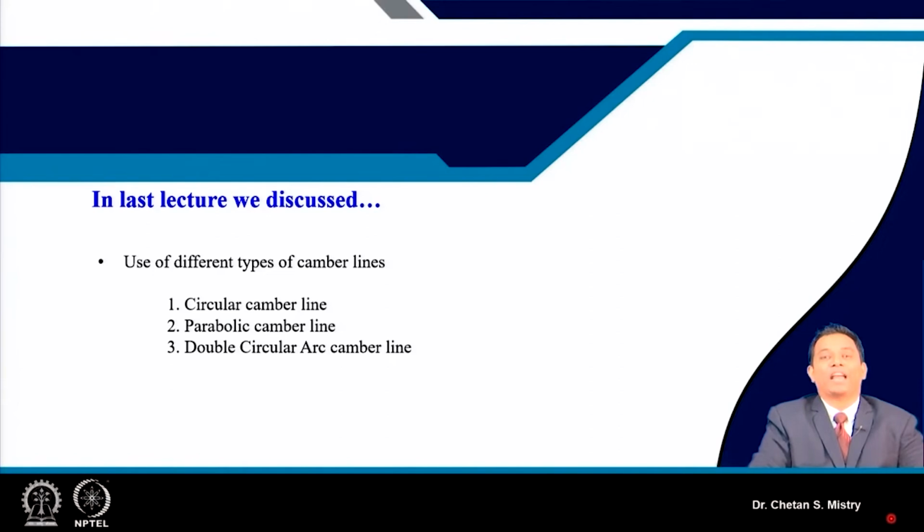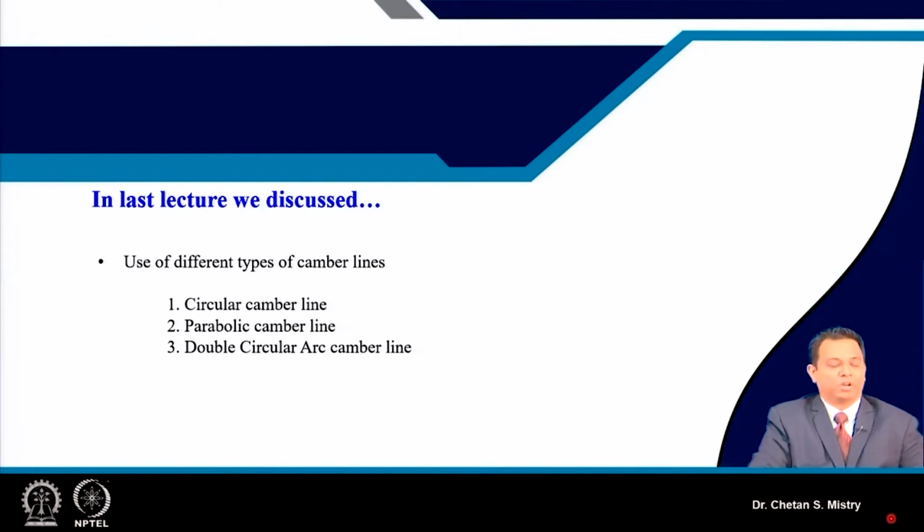As per our design we look for different degrees of reaction, and the degree of reaction varies all the way from hub to shroud. Under that configuration it may be possible that you need different kinds of camber lines for making your blade.